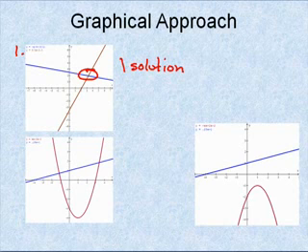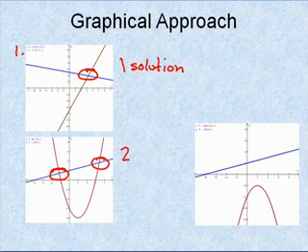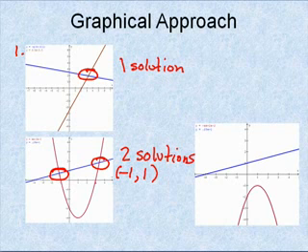This next graph, we've got a parabola and a line, and the line intersects the parabola at two different places. So this has two solutions, and we can estimate those points. This first one is negative 1, 1, and this one looks like it is 3, 2.